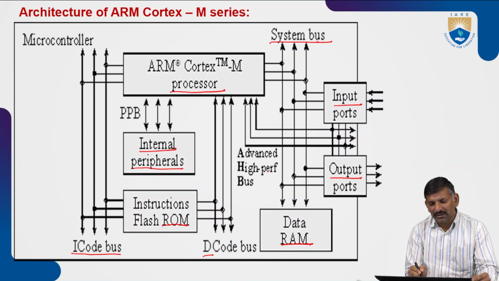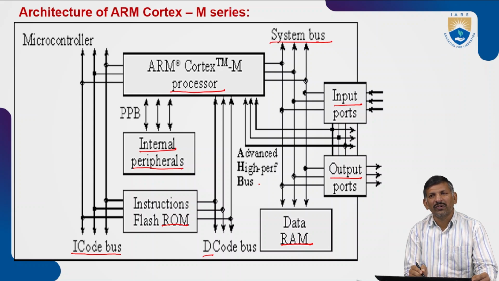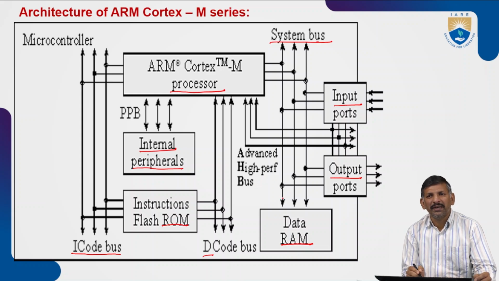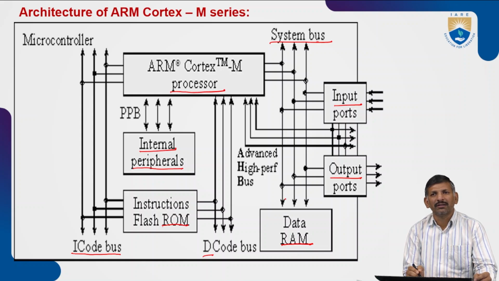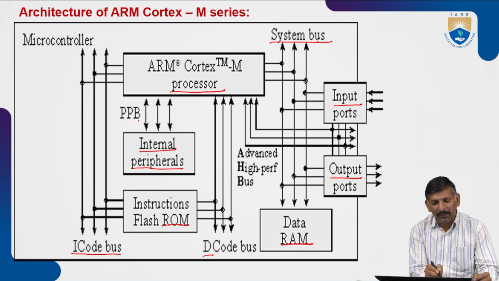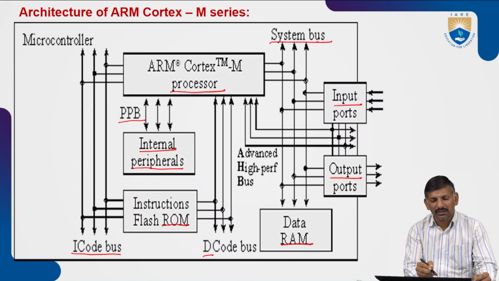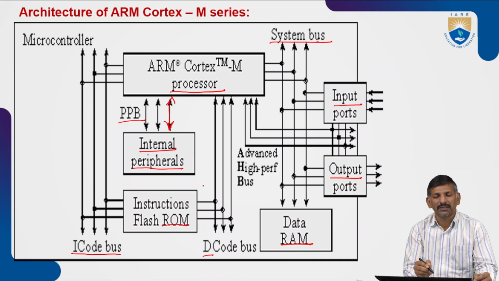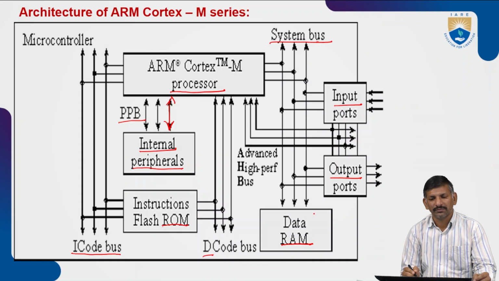The advanced high performance bus is used for high speed operations like reading and writing from USB peripherals, at a 1 Mbps data rate. And the private peripheral bus is used for interacting with the additional hardware circuits used in this design.